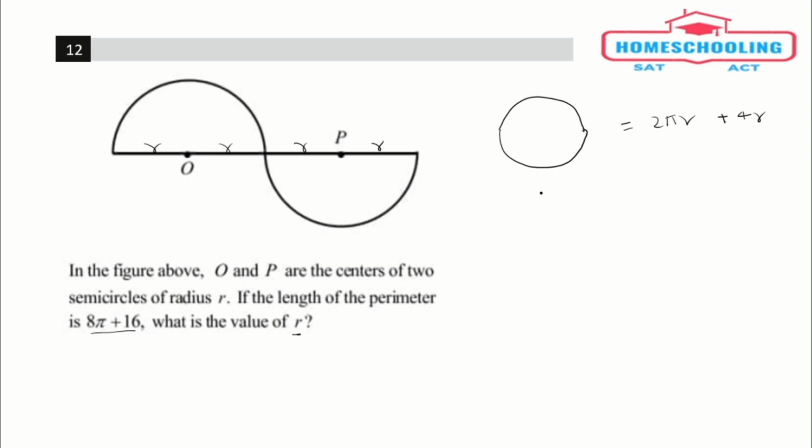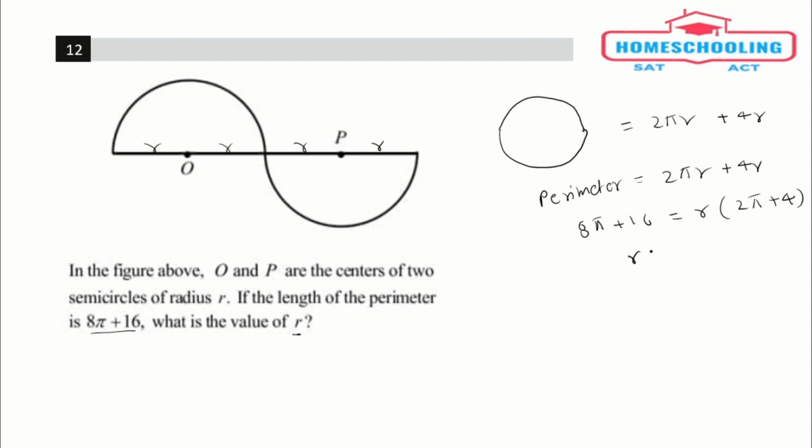So perimeter is equal to, of these two, it will form a circle like this, so 2 pi r, and this line plus this line, so there are 4 r's, so 4r. The value of perimeter in the question is given as 8 pi plus 16. So we will take r common here, 2 pi plus 4.